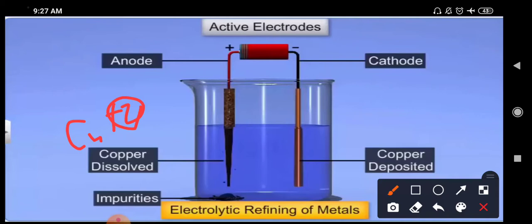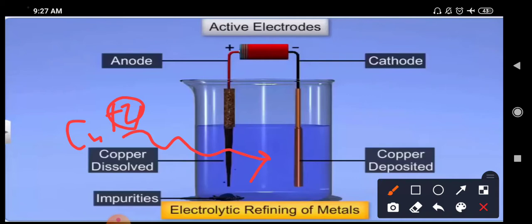So eventually it will be attracted towards the copper electrode which is attached to the negative terminal of the battery. So this Cu2+ will go towards the negative terminal, gain 2 electrons and deposit over there.